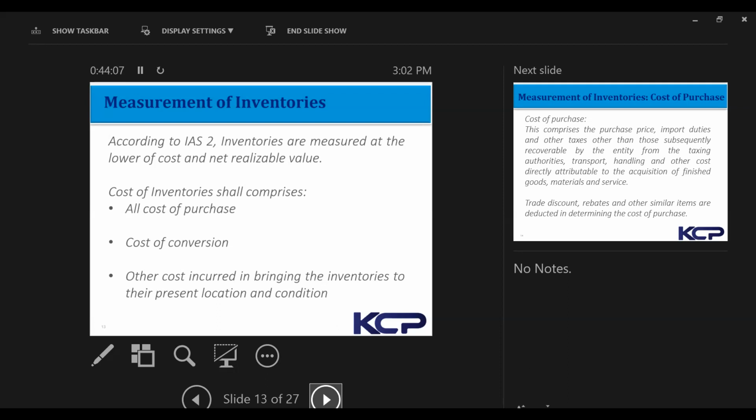That your opinion is corroborated by which standard? So that is why the standard decided to go further to explaining what it means by cost of inventory. Let me give you another typical example. I bought this laptop for 500,000. It was imported.